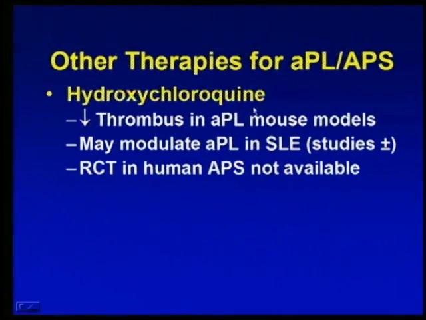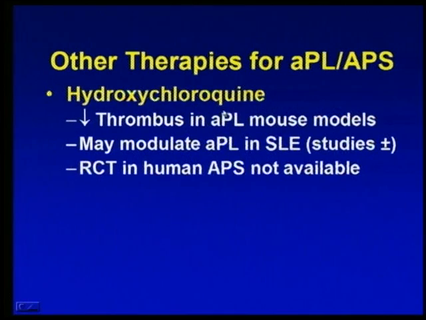Lastly, we've talked a lot about anticoagulation and some immunomodulatory approaches in patients with lupus. There are a few other things in the literature on treating antiphospholipid syndrome that you may have encountered, or if you're a rheumatologist, may have used. One is hydroxychloroquine, an agent that has anti-inflammatory properties and can affect endothelial and platelet activation.